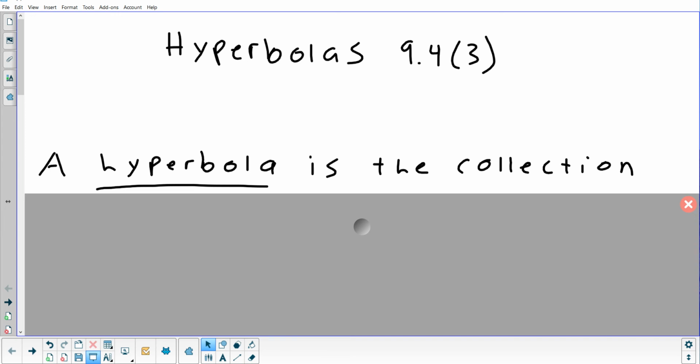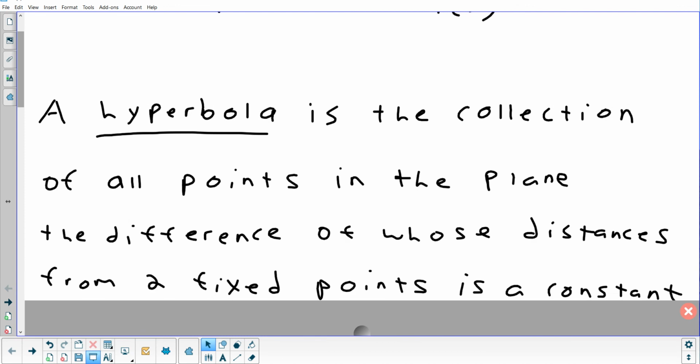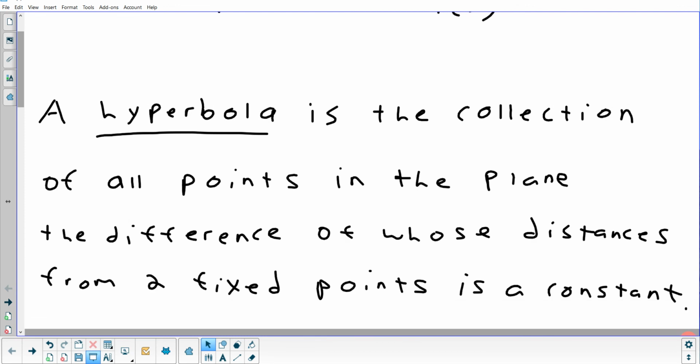You measure the distance to a focus, measure the distance to the other focus, add them together, and it was a constant. Well, today, if you measure the distance from a point on the hyperbola to a focus, and you measure the point to the other focus, it's not the sum of them that comes out to a constant, it's the difference of them.